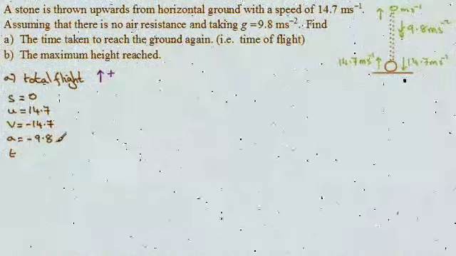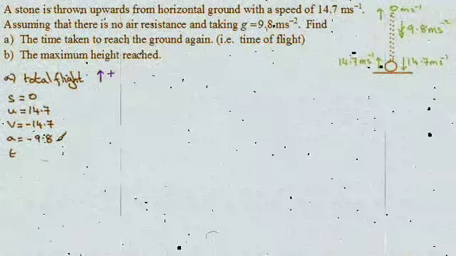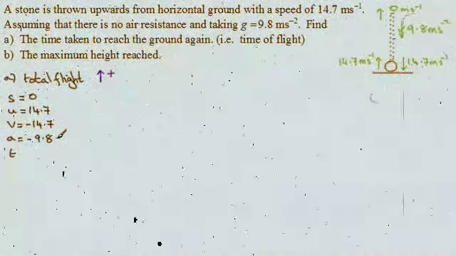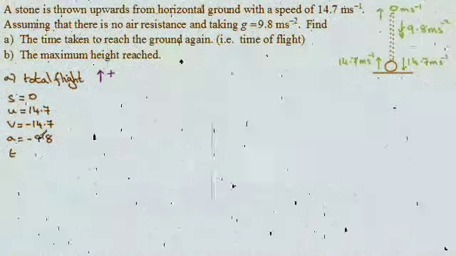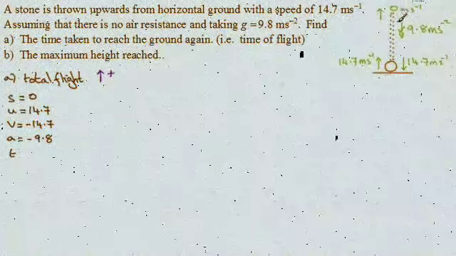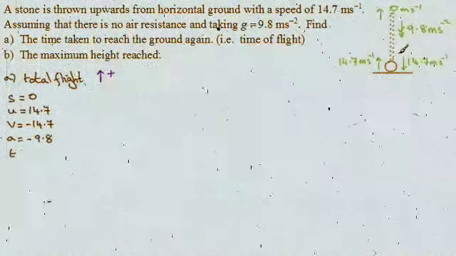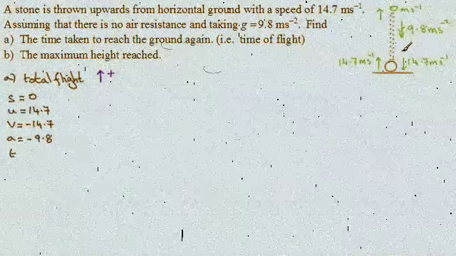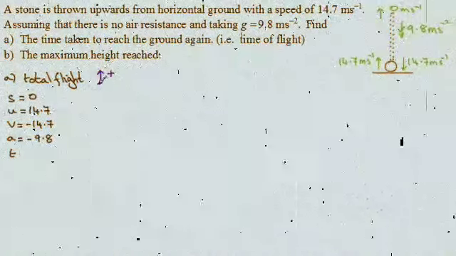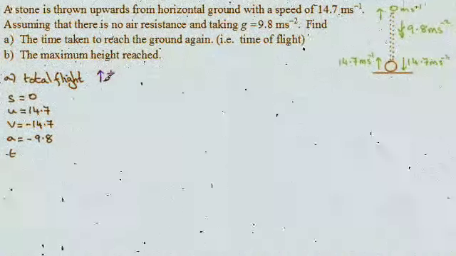And this is the bit that often causes confusion. I find that people ask, why do we keep it as minus when on this stretch on the way down it's moving in the positive sense? Well, it's not. It's still negative compared to this.